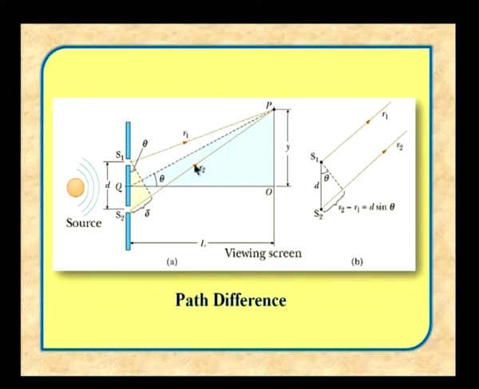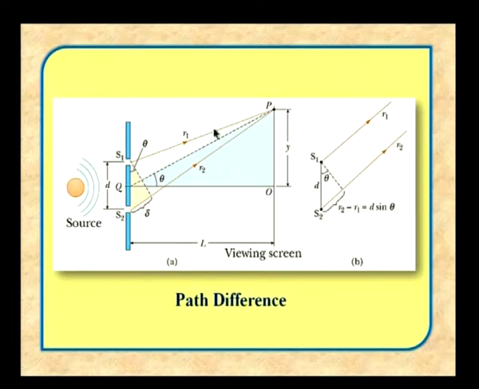Now, let me ask you the question. Supposing at S1 you got a crest and S2 also you got a crest, and from S2 to this point you got a full wave, that means at this point also you got a crest. Then what will happen to the resultant at a point P?